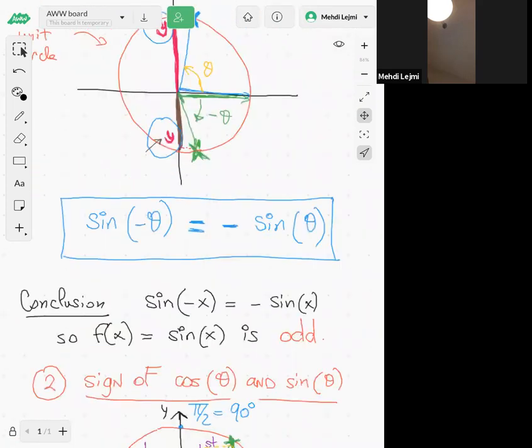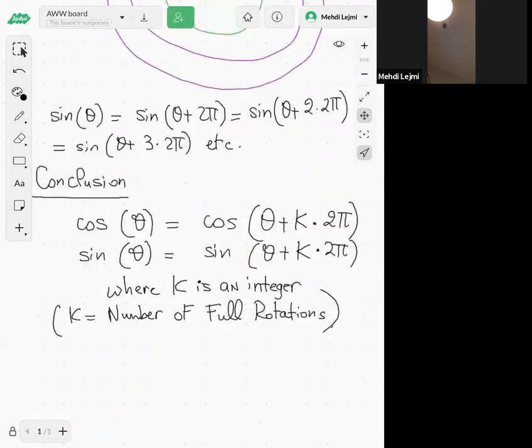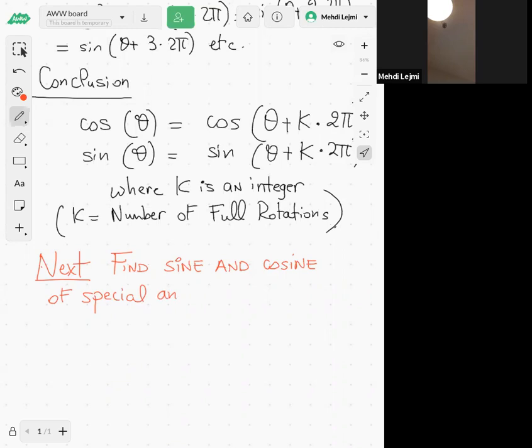So this is next. I'm going to find sine and cosine of special angles between pi over 2 and 2 pi.